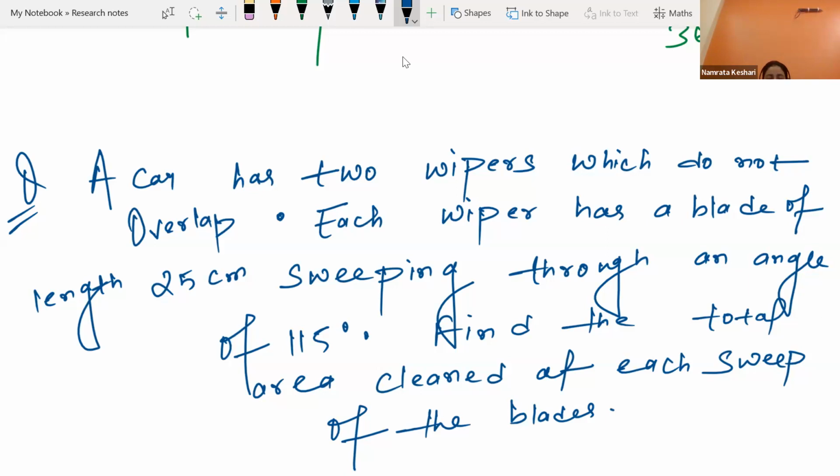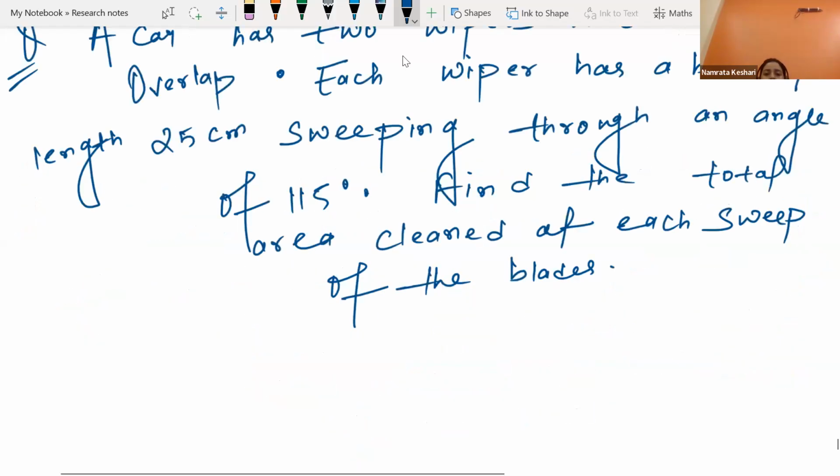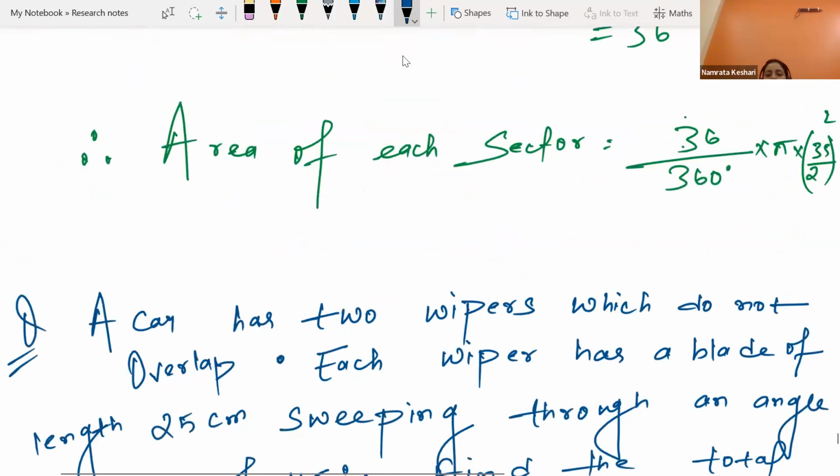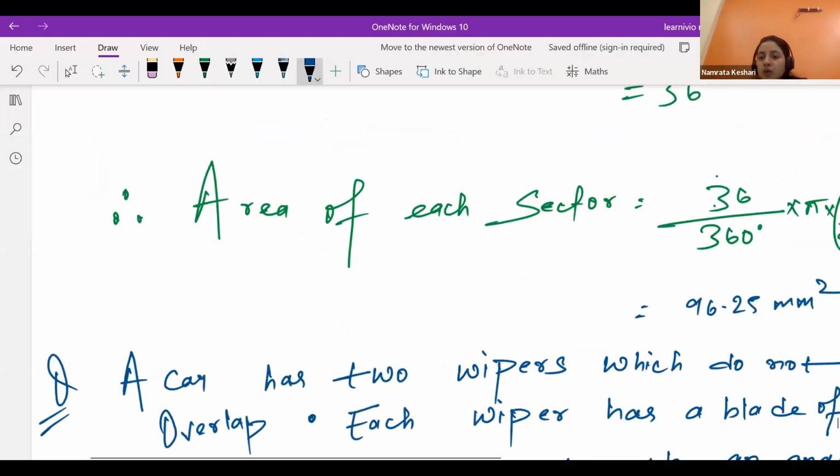Ma'am, I'm getting 96.25 mm square. Is everyone getting the same? See, I have not even checked the answer. I'm asking if everyone is getting the same. This will be the answer.